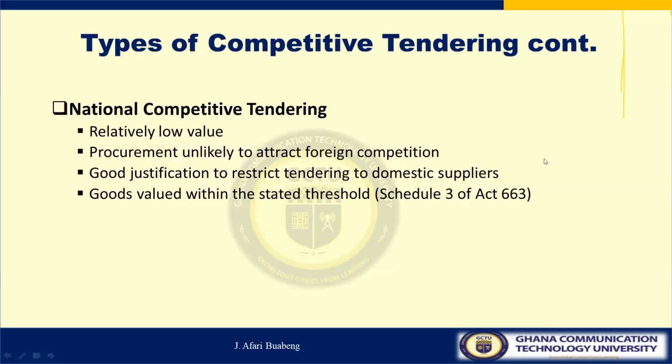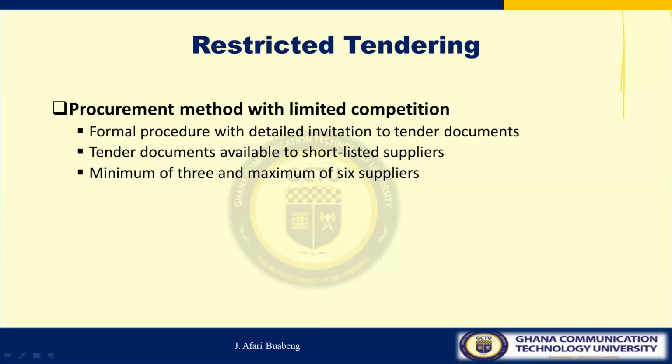So we move to the other methods. If there are no questions, we move on. We have what we call the restricted tendering method. It's another less competitive method, and most of the things are very similar to the competitive tendering method.